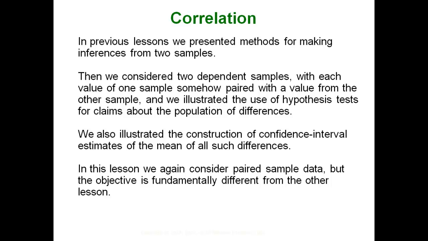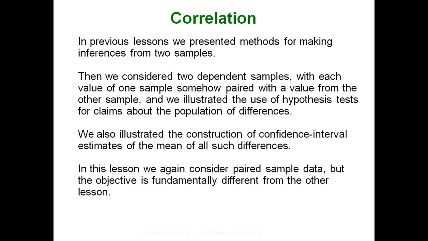So far in previous lessons we've looked at ways for making inferences from two different samples, where we first just compared maybe the average of one sample and the average of another sample. Then we moved on and considered two dependent samples where the data was somehow linked, so we were talking about paired data.